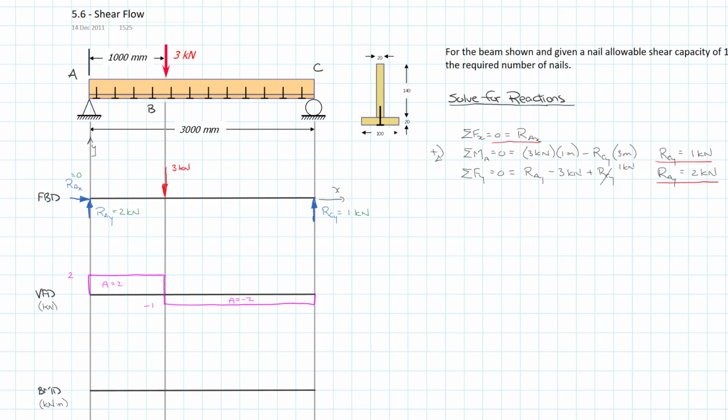And so we're going to do our bending moment diagram. So change in moment between A and B is equal to the area of the shear force diagram, which is 2. So this is going to take us linearly up to a value of 2. And then we have -2 between B and C. So that takes us back down to 0.